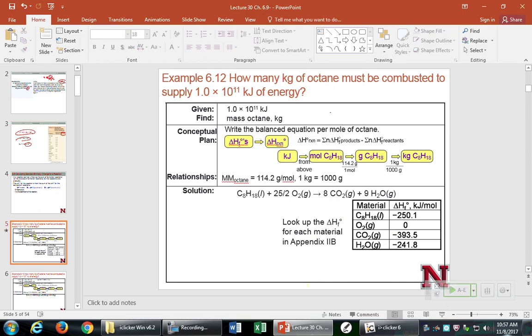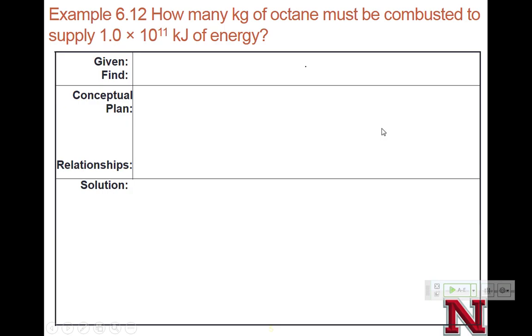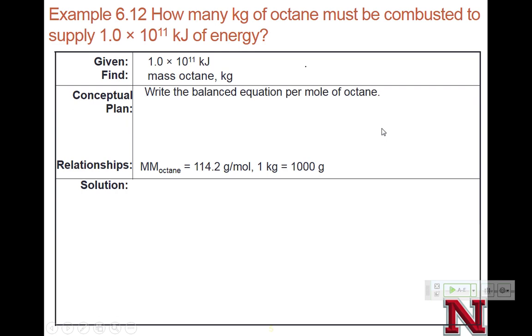I thought I deleted that. Okay. So we're given this. We're given our mass of octane. But we don't know our delta H of octane to calculate. But we can figure it out. So we know our molar mass of octane. We want to write our balanced equation.